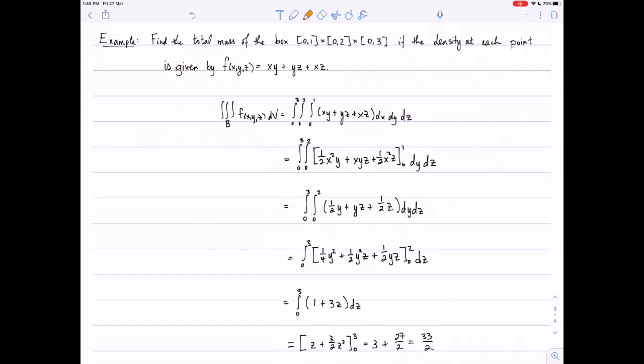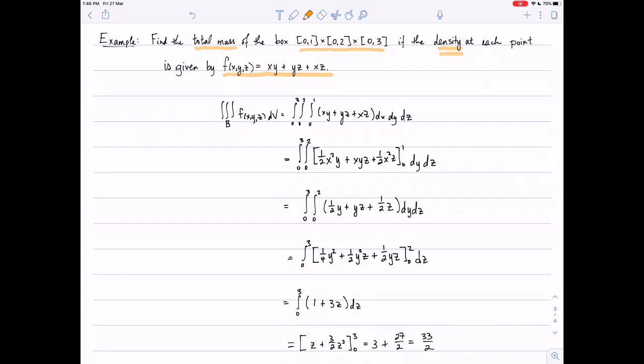This example is asking us to find the total mass of the box [0, 1] cross [0, 2] cross [0, 3], if the density, so we're being told to interpret this function f of x, y, z, given here as xy plus yz plus xz, as a density function.